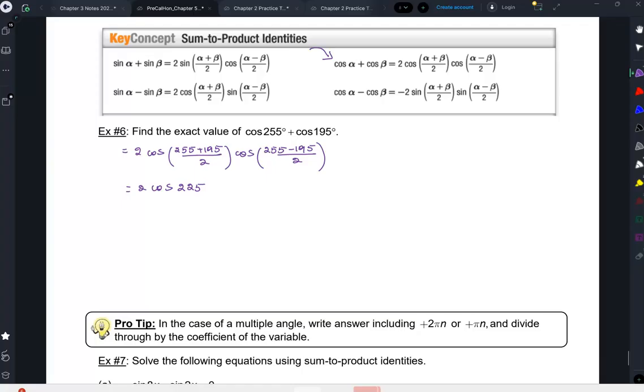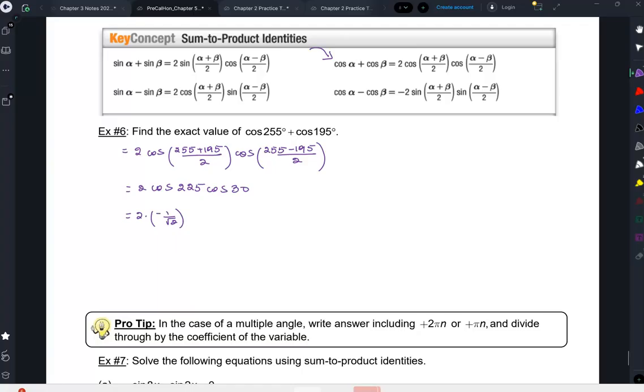And then cosine, this is what? 60 over 2? 30. Oh, wow. Look at that. 225, that's a special angle, right? In quadrant 3, what's the cosine there? Negative 1 over root 2.